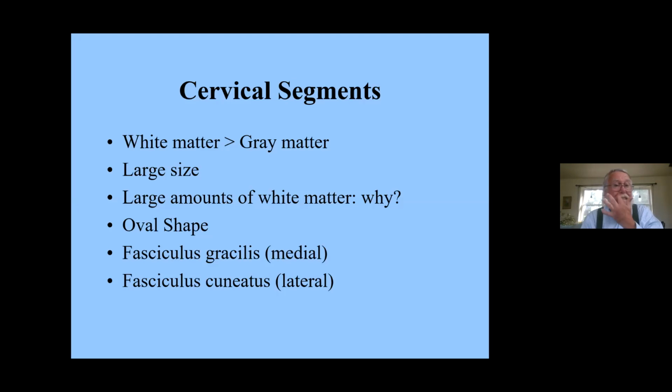So why is there such a large amount of white matter? At this point, I'd be looking around the class. Everybody would be looking at each other or looking away and not answering. So I asked my rhetorical question, and now I'm going to give you my actual answer. The reason is that the somatosensory paths coming up from the lower levels of the spinal cord on their way to the brain have to traverse the cervical segments.